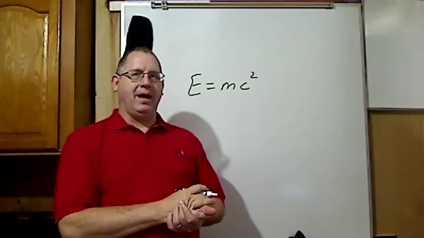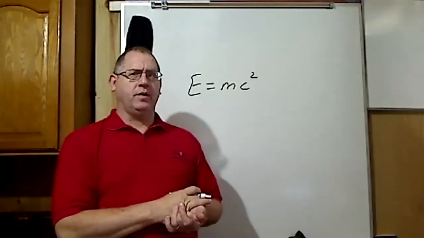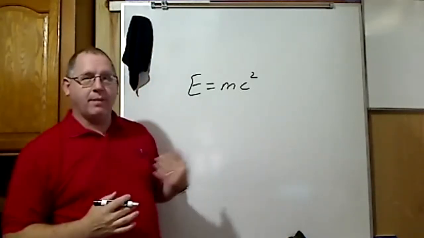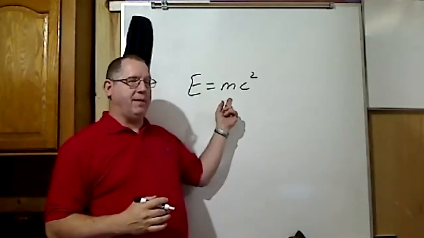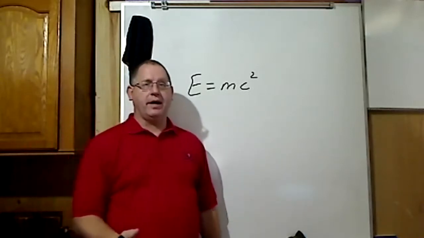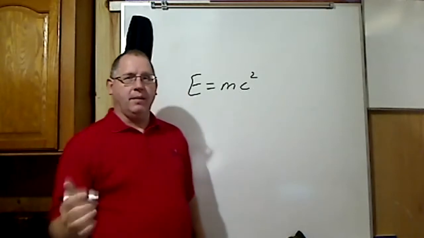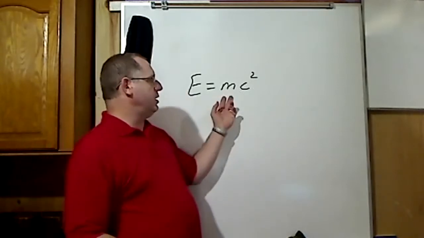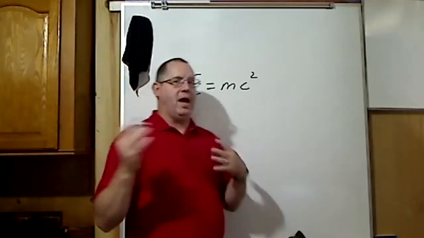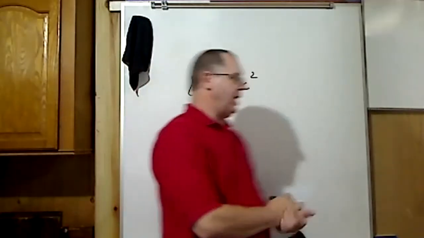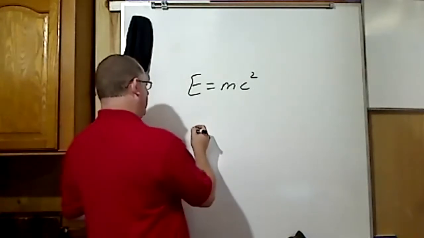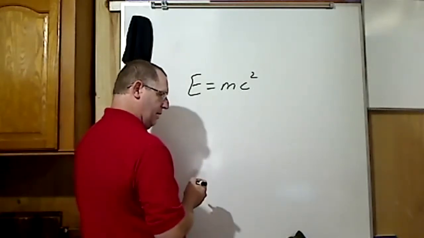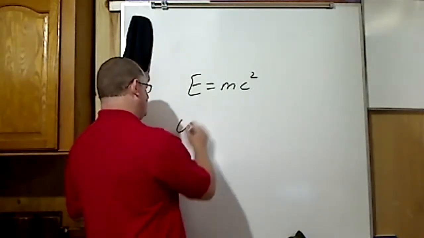Some of the mass is often converted into energy. This is where the gamma radiation comes from. Some of the mass is lost and is converted into high energy radiation. Now, the amount of energy that we get depends on the mass that's lost. Now, if I have a reaction, let's go back to the same one we had.